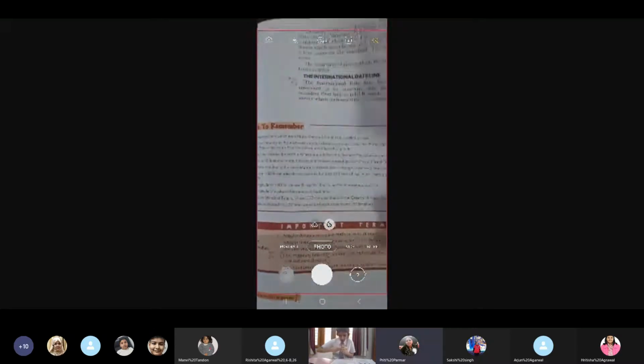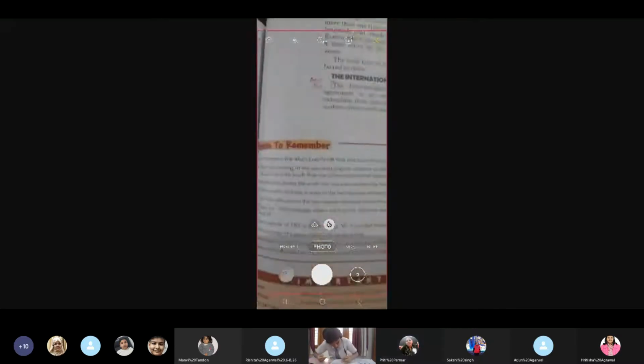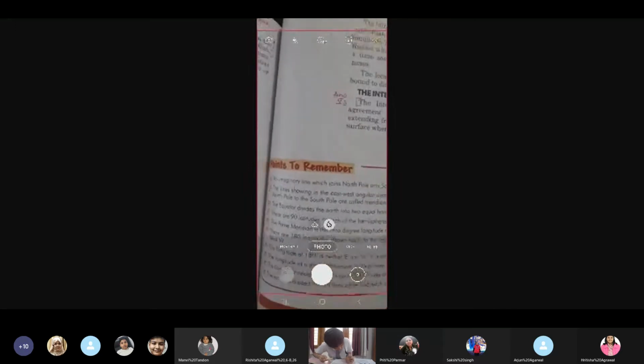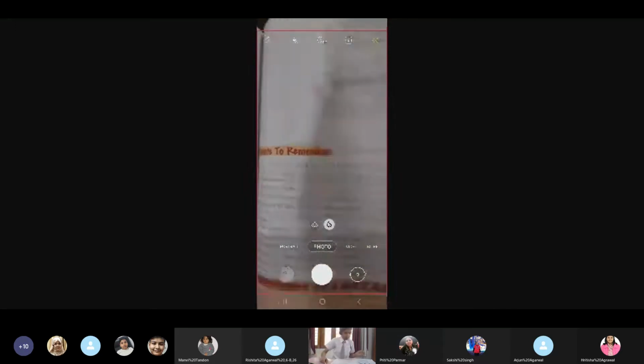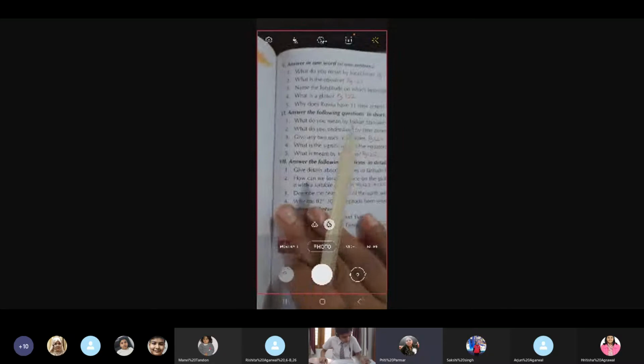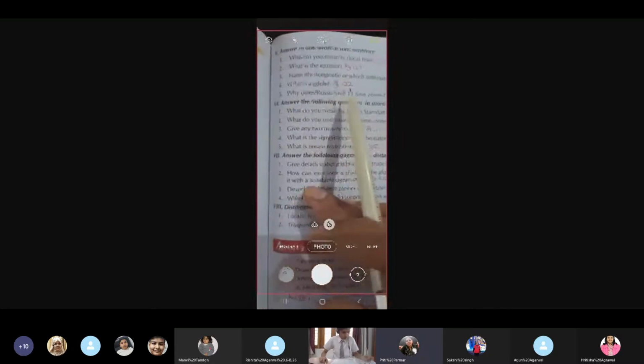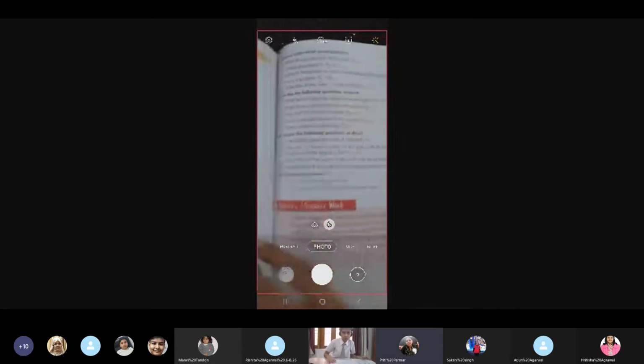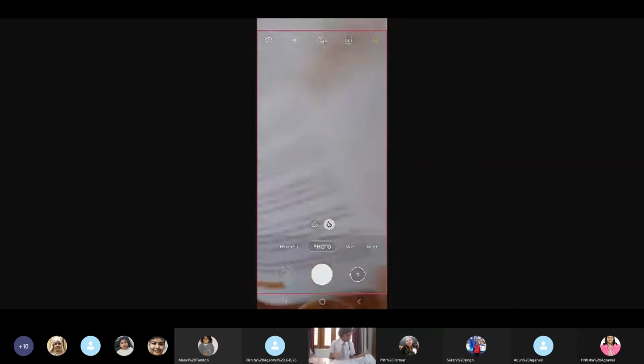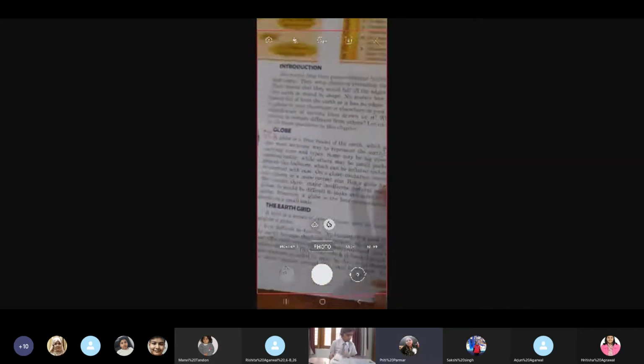Coming on to 5.4. Question is, what is a globe? Come to page 122. Answer 5.4.